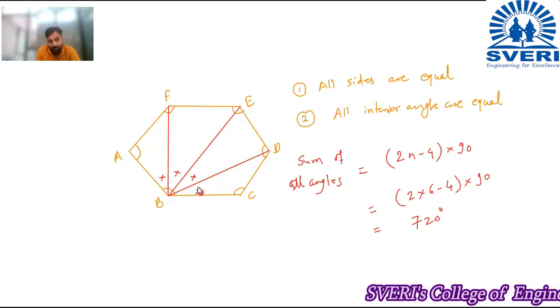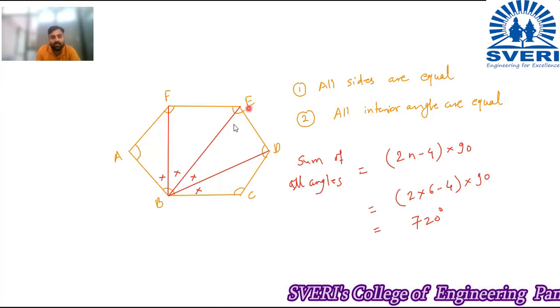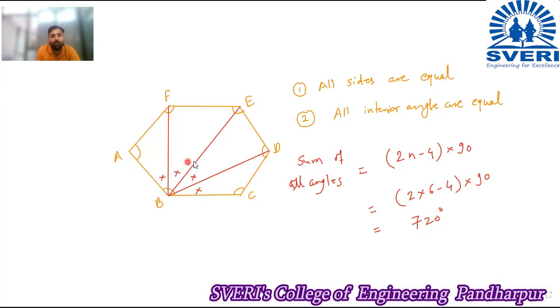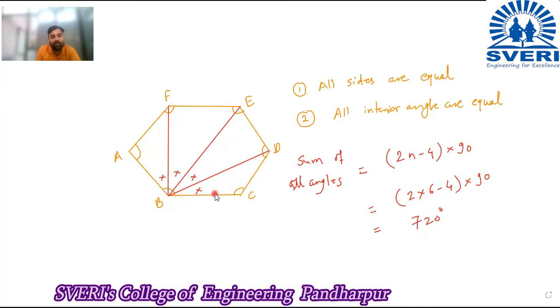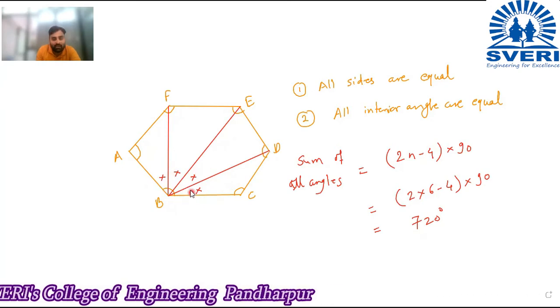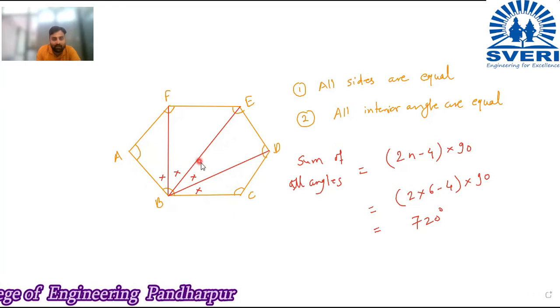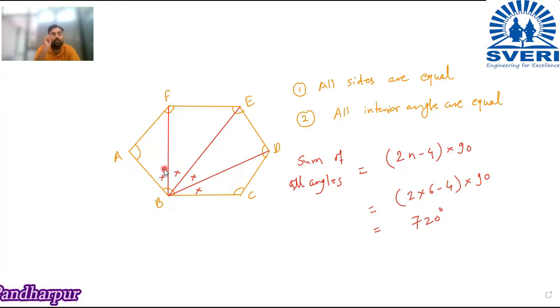This angle B is divided into 4 parts, and as it is a regular hexagon, all these lines will equally divide this angle. So I will get each angle as 30 degrees. This part is 30 degrees, this part is 30, this is also 30, and this is also 30.